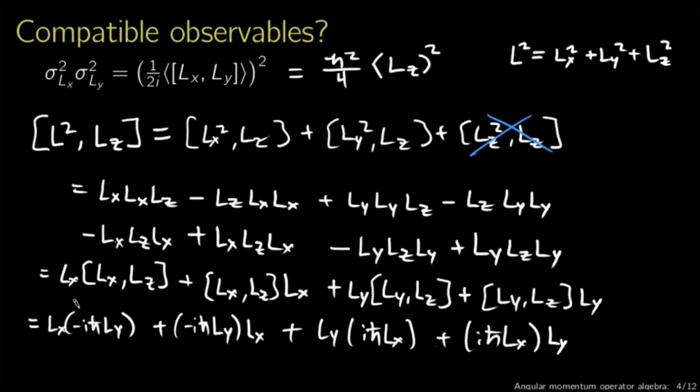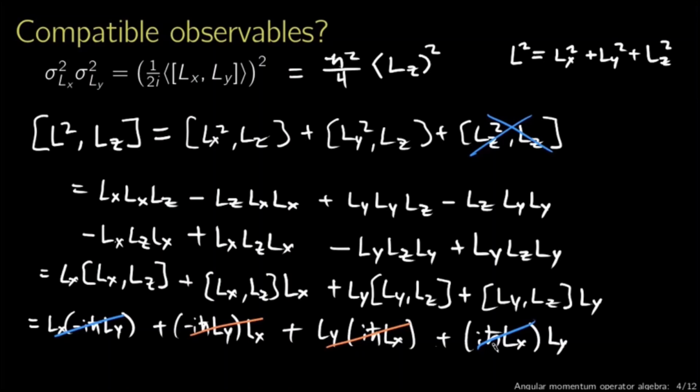I can bring the minus i h bar out front. Here, I have an i h bar Lx Ly. So, minus i h bar Lx Ly plus i h bar Lx Ly. These two terms cancel out. These two terms, here I have an Ly Lx, here I have an Ly Lx. Here I have a minus i h bar, here I have a plus i h bar. These two terms cancel out as well.